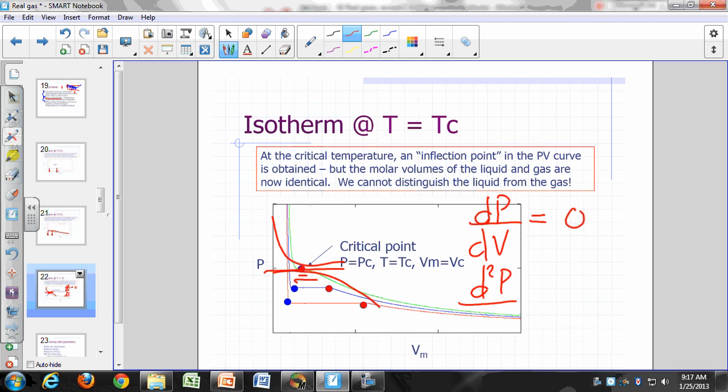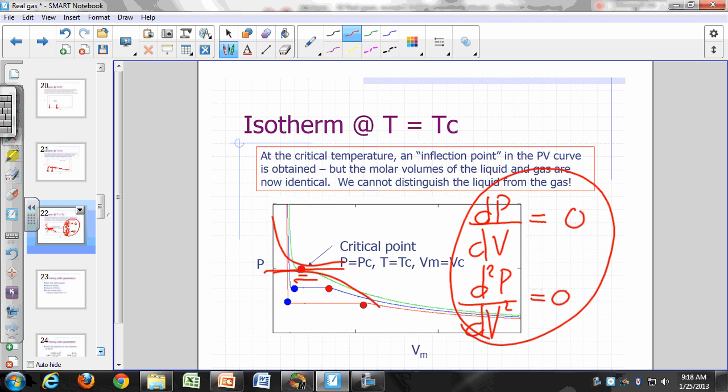The second derivative of P with respect to V is equal to 0 at the critical temperature, at the critical point. Okay? So if you apply this to the van der Waals equation, and you know what your critical point is, you can calculate the van der Waals parameters.